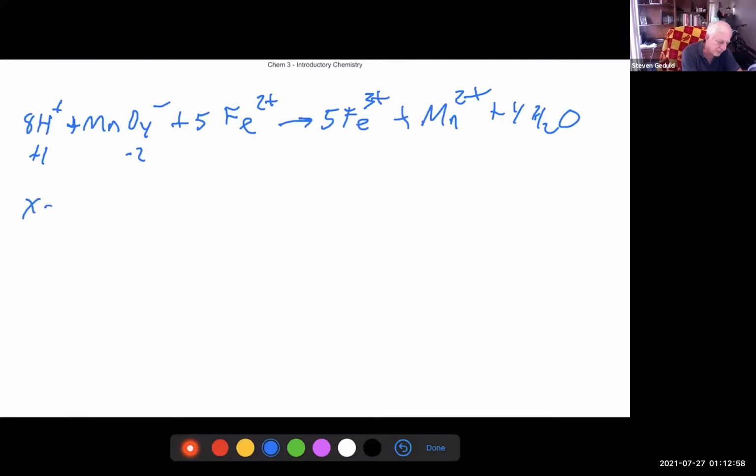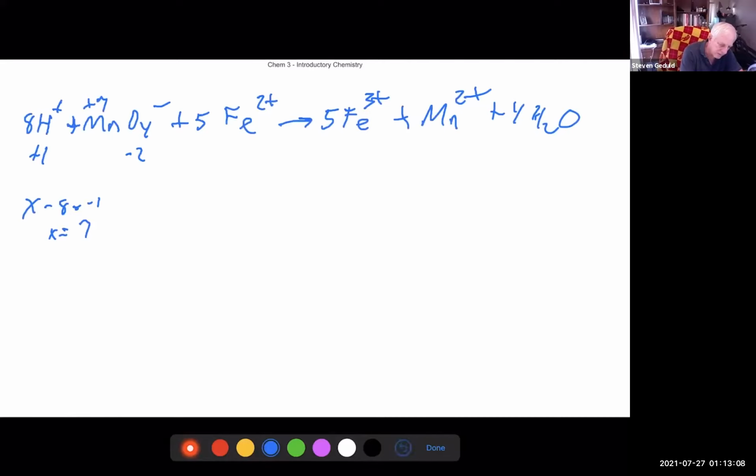That's -8 equals -1. So X equals 7. So manganese is +7. Oops, I should have put it down at the bottom. Well, come back here, guys, because we just ran out of room, it's not going to erase. Manganese is +7. And iron is +2.